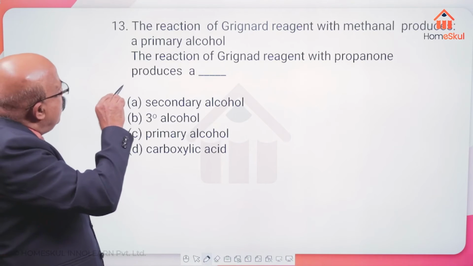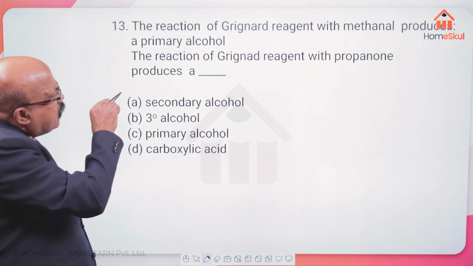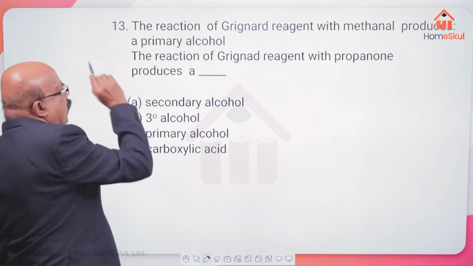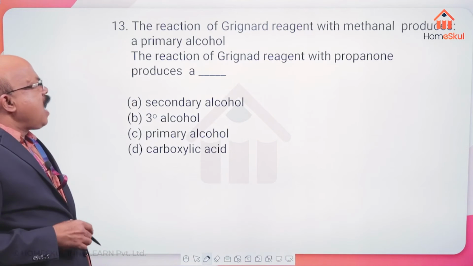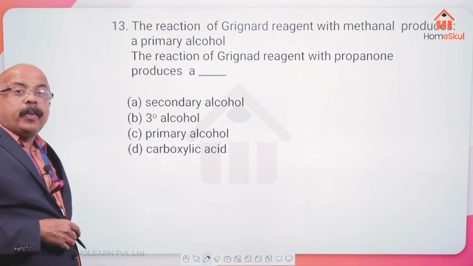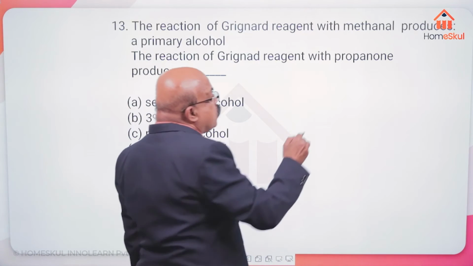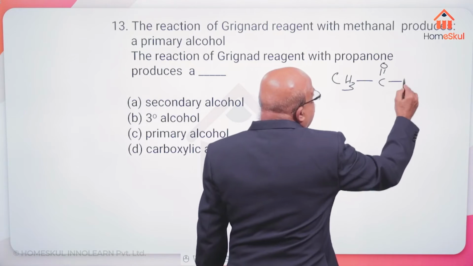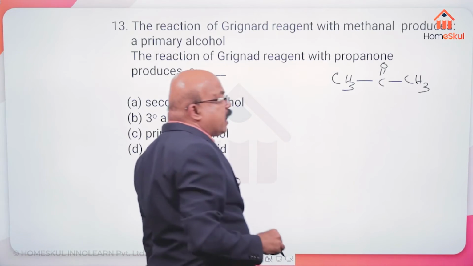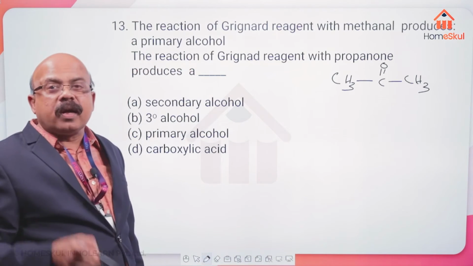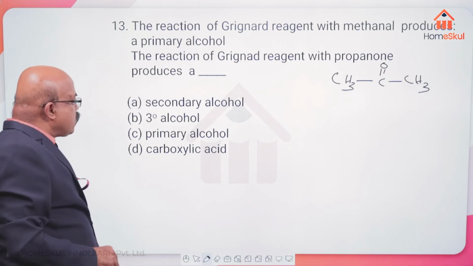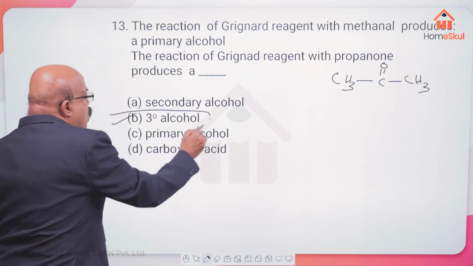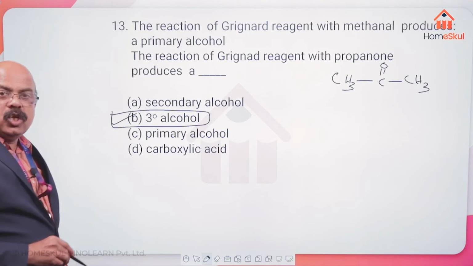If so, consider the reaction of Grignard reagent with propanone. Propanone is acetone, which is a ketone. You know that when a Grignard reagent reacts with a ketone, the product is a tertiary alcohol. Option B is your answer.